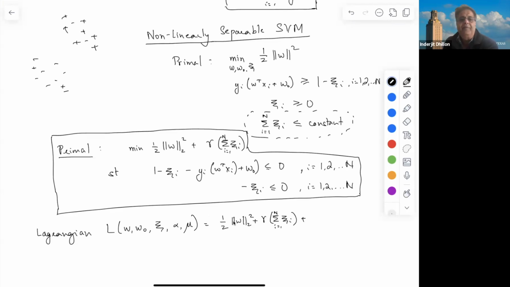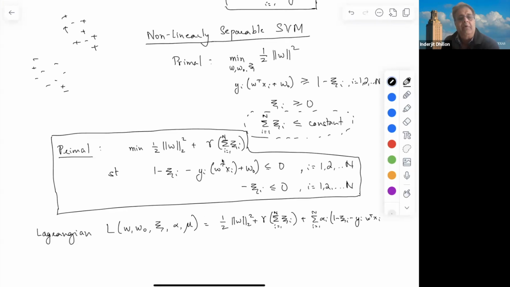And then I have terms from here, so alpha i's times the left-hand side of the first inequality, 1 minus psi i minus y i, w transpose x i.